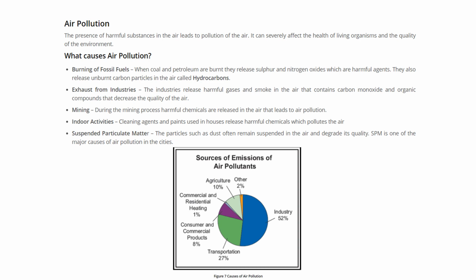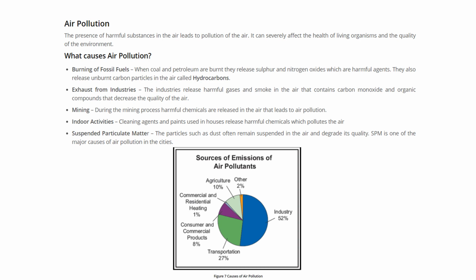Now, fossil fuels are coal and petroleum, and in these fossil fuels there will be nitrogen and sulfur. So on burning these fossil fuels, it results in the formation of oxides of nitrogen and sulfur. These are harmful agents, and you cannot inhale these gases because they will severely affect your health.